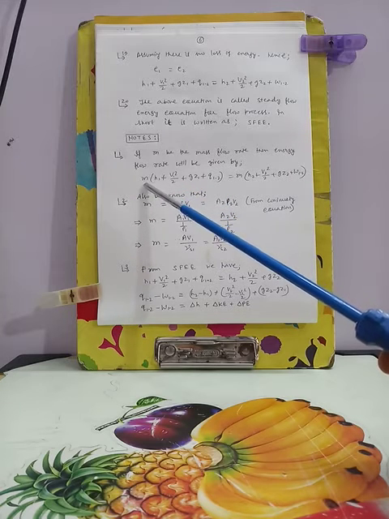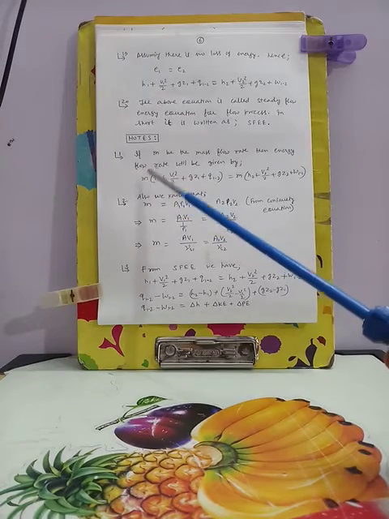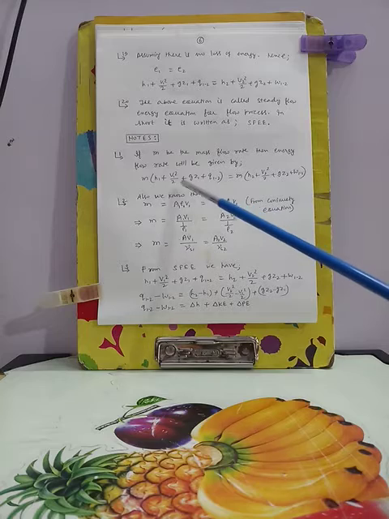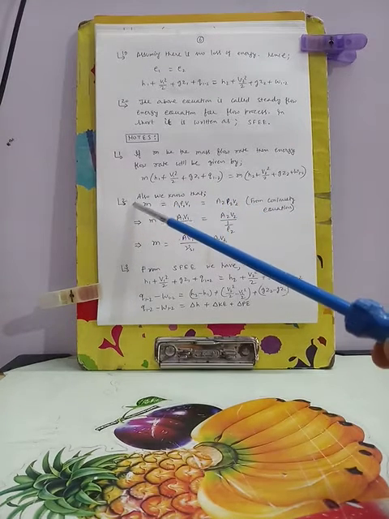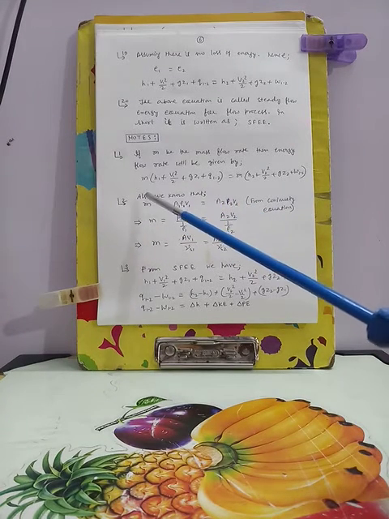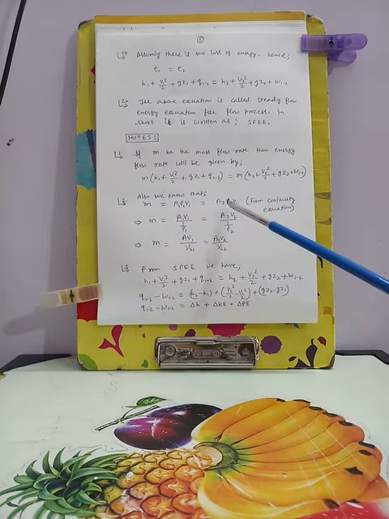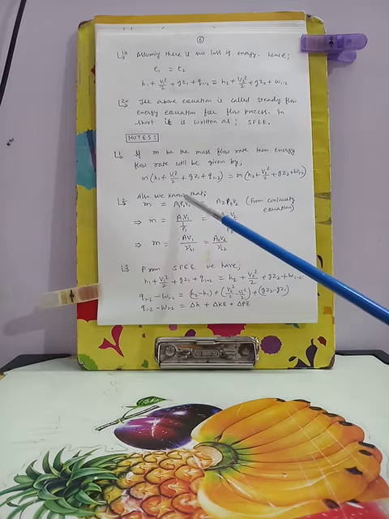This is very simple. In fluid mechanics we have already studied the continuity equation. So this is the continuity equation. Rate of flow of mass at any section can be found out by using this continuity equation: A1 rho 1 V1.